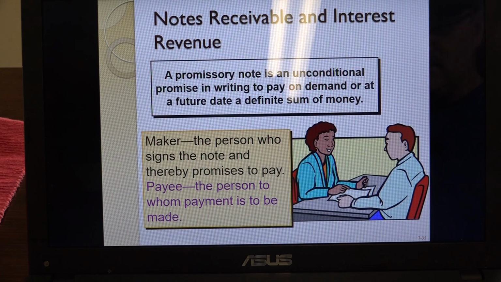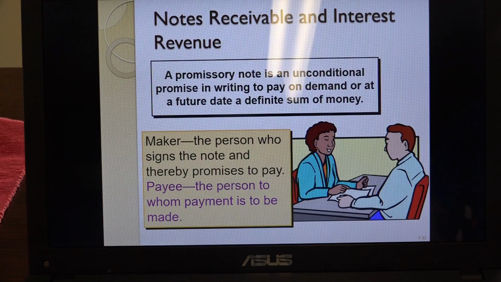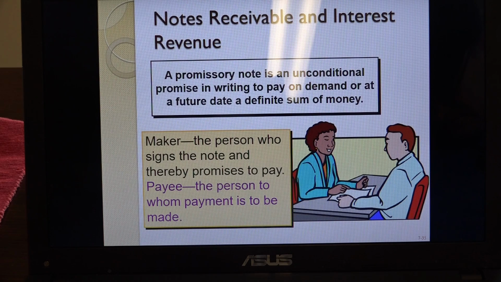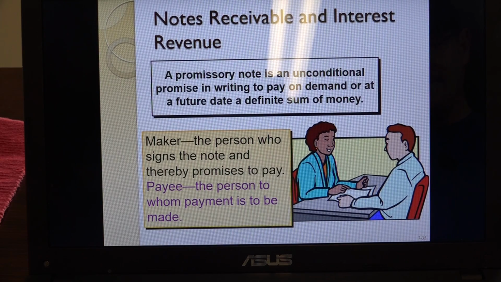Notes receivable, unless you're doing a lot of financing, in other words, you're selling product, and let's say you have your own financing arm, you really don't want to use notes receivable for short-term type credit arrangements, because you would have to deal with the paperwork for one of these transactions.